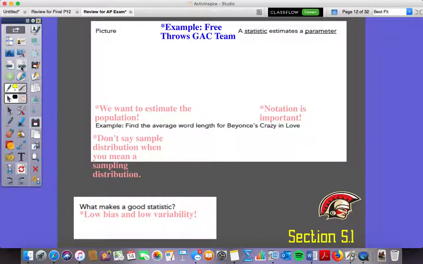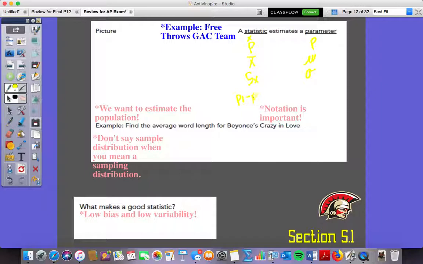All right, here's the difference, statistics and parameters. A statistic would be p hat. Parameter would be p. X bar is my statistic. Mu is my parameter. S of x is my statistic. Sigma is my parameter, right?